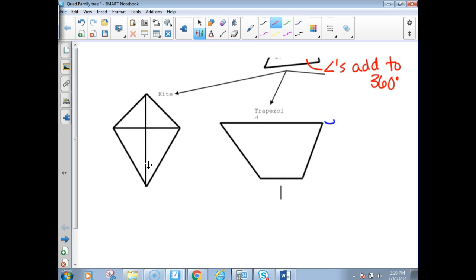Put in the diagonals, please, on the kite. Show that there's a right angle in the middle, which would give you four right triangles. Show that the short diagonal is bisected with single slashes.